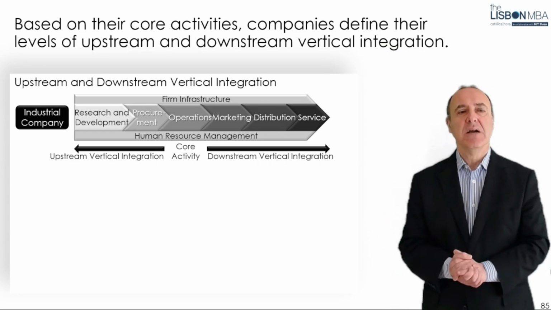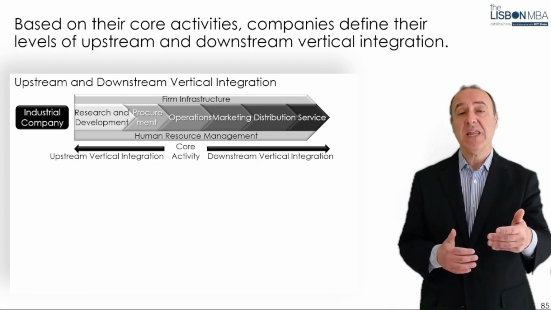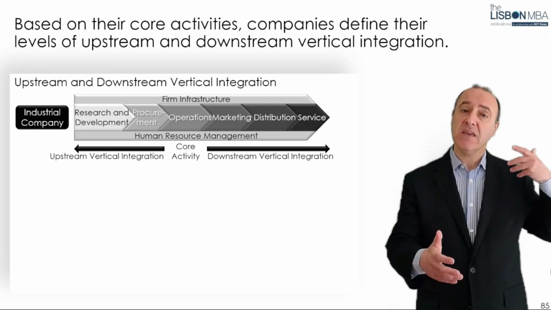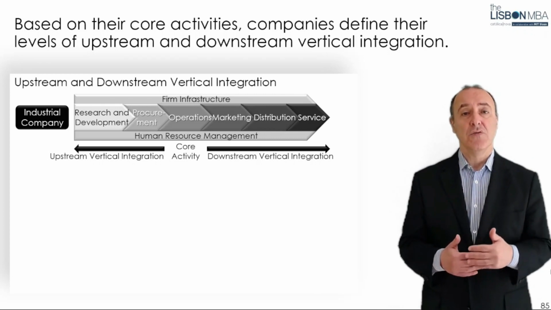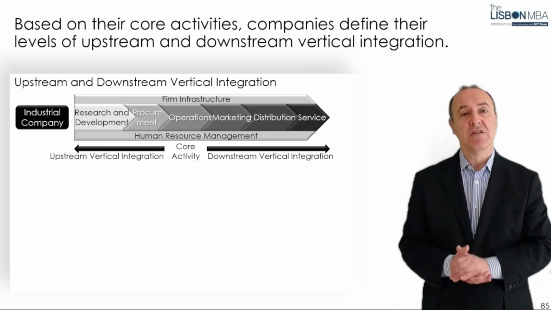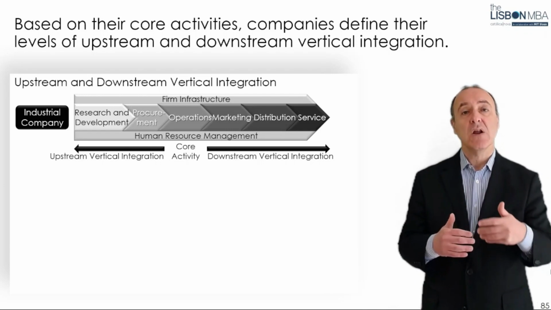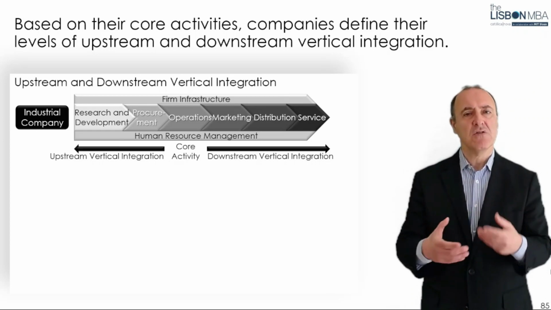Okay? Some companies promote upstream vertical integration, meaning they do some activities associated with the supply of materials and so on. Others do downstream vertical integration, which means they undertake activities closer to the market, such as distribution, their own retail stores, and so on.